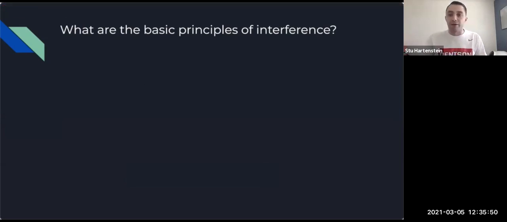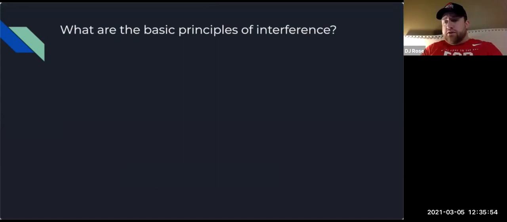Tony chimed in, said hinder the defense's ability to make a play. George says the offensive player getting in the way of a defensive player's attempt to field a live ball. Good, good. Anything else, guys? Any other basic principles of interference that we can think of off the top of our heads?